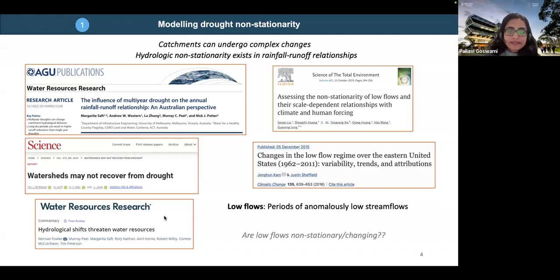I will be using the word low flows a lot here. Just wanted to highlight that low flows are basically drought flows. So low flows in my study are basically periods which are anomalously low with respect to their climatology. And so I did some non-stationary modeling around low flows to see if they are non-stationary at all.